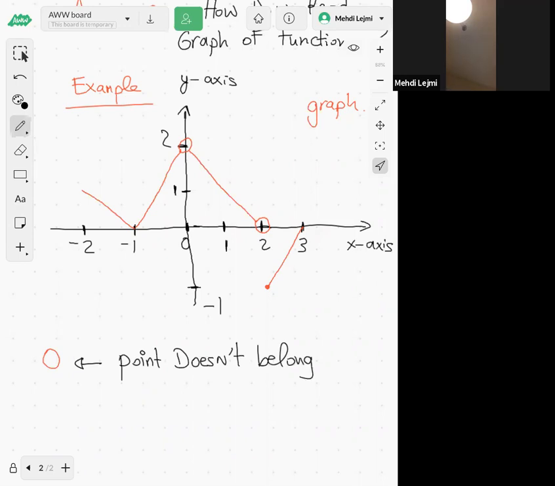Whenever you have an empty circle, that point doesn't belong to the graph. It's not included in the graph.